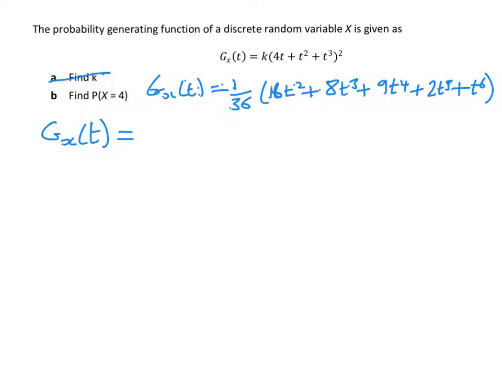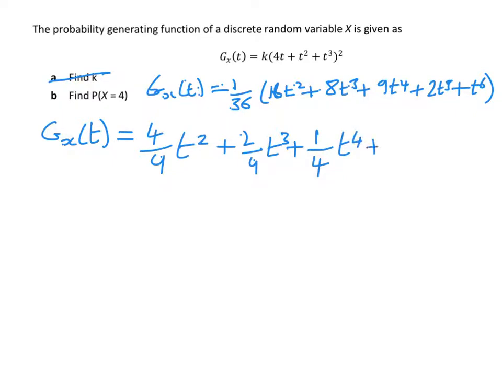16/36, 4/9. I've got 4/9 t squared plus 8/36, which is 2/9 t cubed. 9/36 is a quarter, t to the power 4. 2/36, that's 1/18, t to the power 5, plus 1/36, t to the power 6.